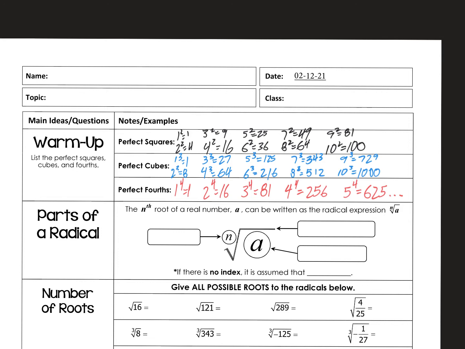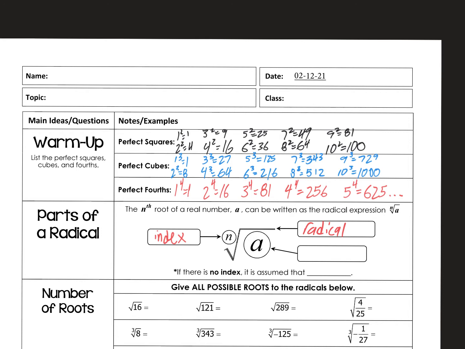Okay. So the next section talks about what are the parts of a radical. So the parts of a radical are the index, which is the number out here, and that represents what power you are doing the opposite of. The actual radical itself, right? The notation for that.